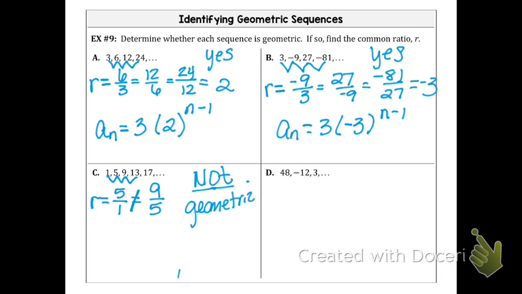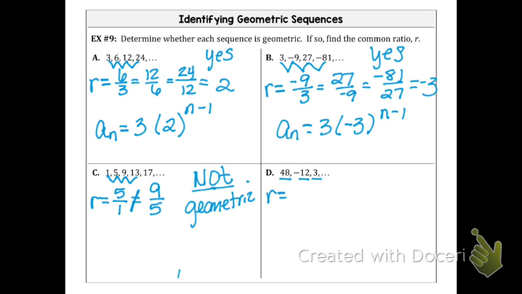All right, and then let's check D. So this one, notice we're dividing. Now remember, dividing, well, let me go on. So if we go from -48 to -12 to 3, we can tell we're dividing by 4. But with geometric, remember, we're multiplying. So dividing by 4 is the same as multiplying by -1/4.